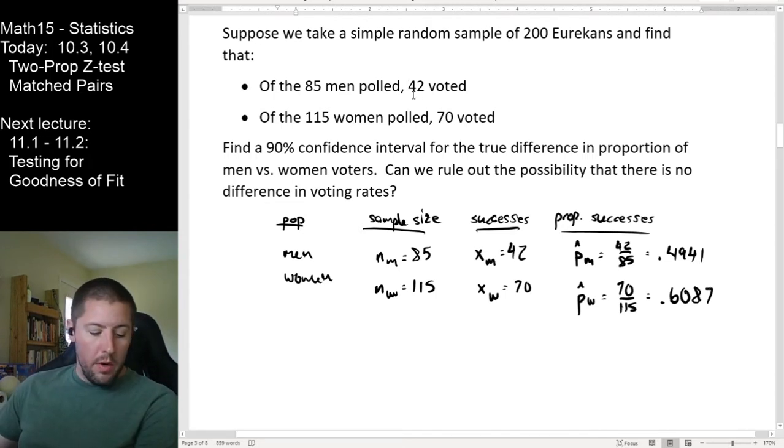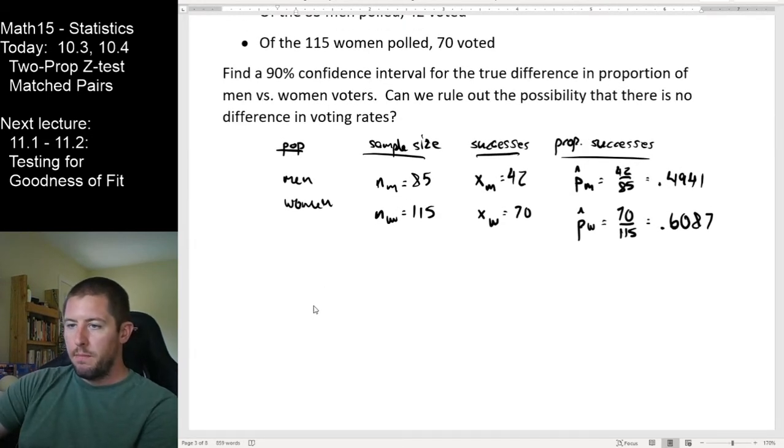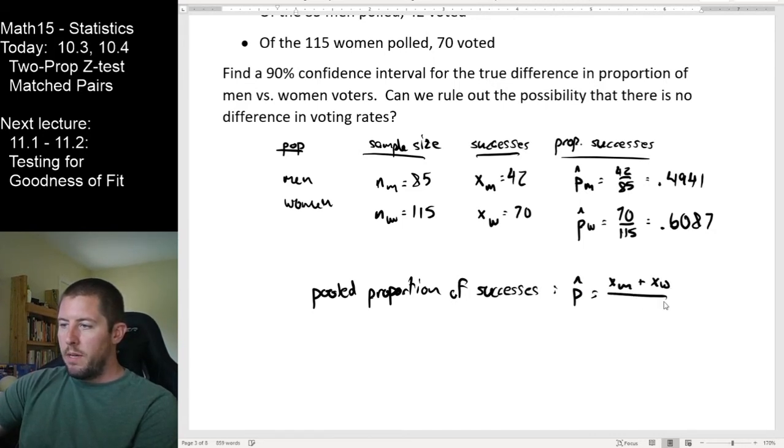And what we know is that we're also going to be interested in computing that pooled proportion of successes. That's going to be our p hat equal to x for the men plus the x for the women, divided by the n for the men plus the n for the women.